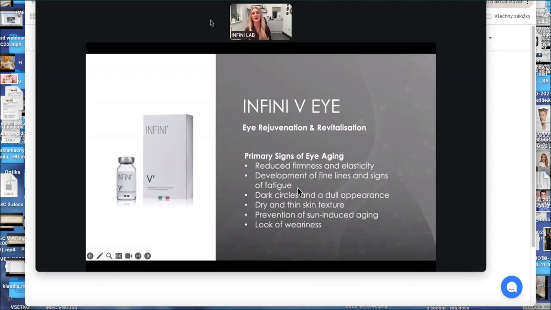And as a last, I will go with Infini VI to close the session, to stimulate as many fibroblasts as I can. So over the next 12 weeks, the skin might remodel and show visible effects much better than after one of those products used on their own.